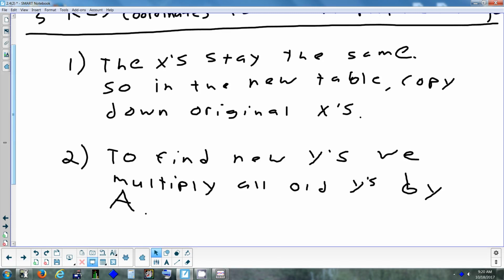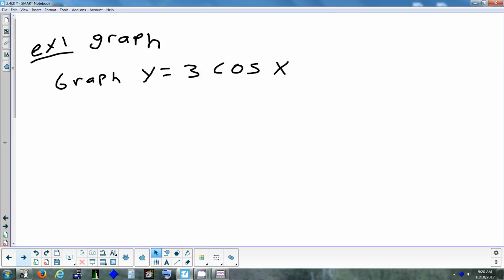Okay, so let's take a look at an example. Okay, so we're going to graph 3 cosine x. Okay, first thing we got to figure out is what kind of transformation this is. Now you know phase shift, and you know the amplitude change. Alex, if you could tell me which transformation this one is and then how you know that? The amplitude.